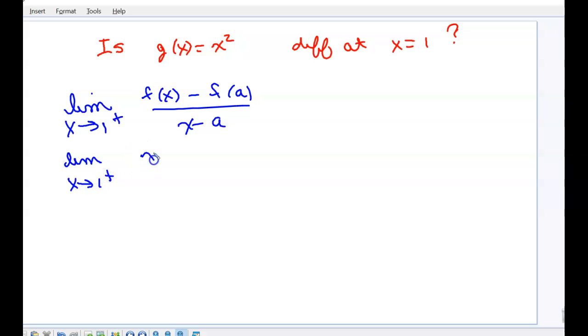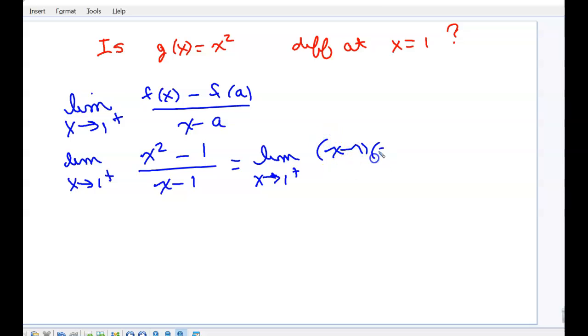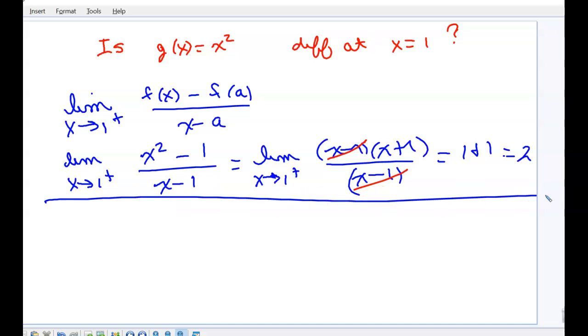Well, the function is just x squared minus, if I plug 1 into the function, it's going to be 1, over x minus 1. This is going to be the limit as x approaches 1 from the positive side of (x minus 1)(x plus 1) over x minus 1. And now these are going to cancel. And if I plug 1 in for x, I get 1 plus 1, which is going to equal 2. So the limit, or the derivative, sorry, coming from the right is equal to 2.